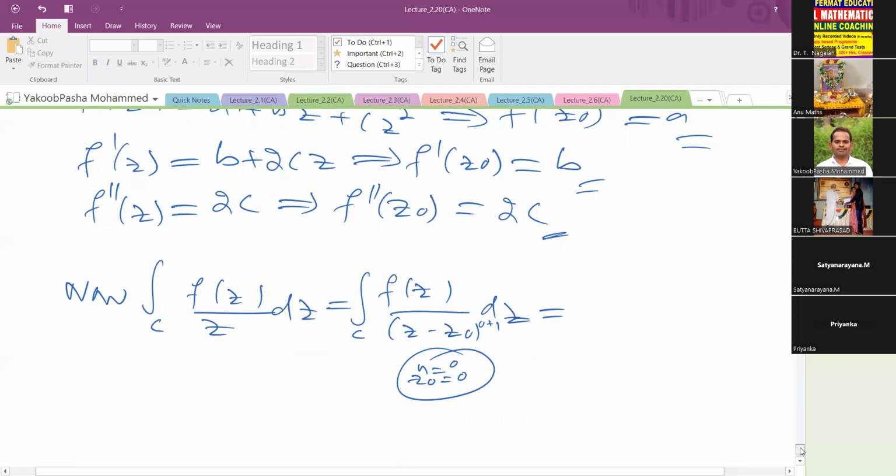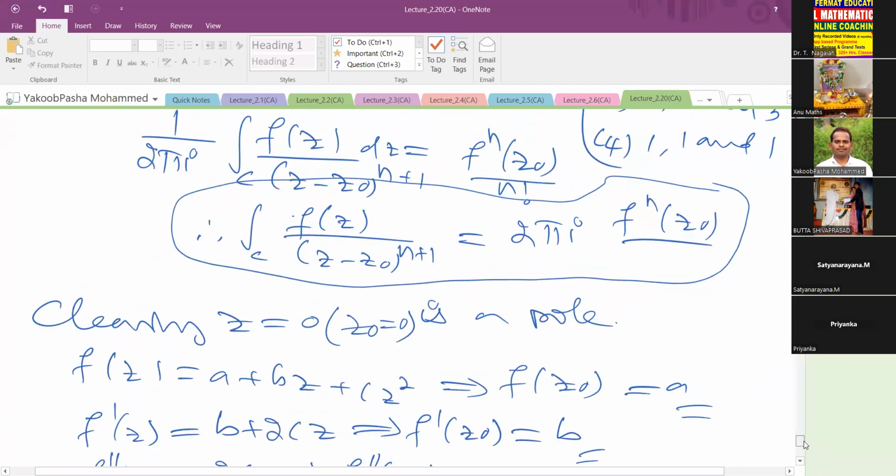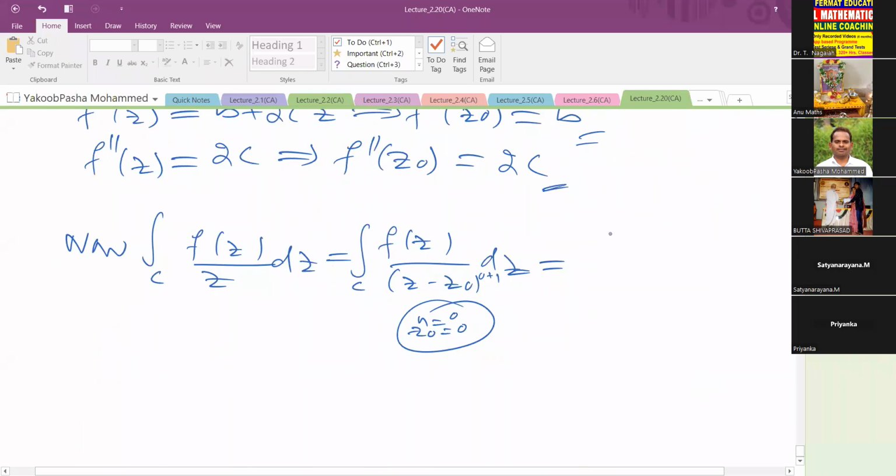What is the formula we have here? 2 pi I nth derivative of f at Z naught divided by n factorial. This is the formula. So applying this formula, we get 2 pi I into nth derivative.